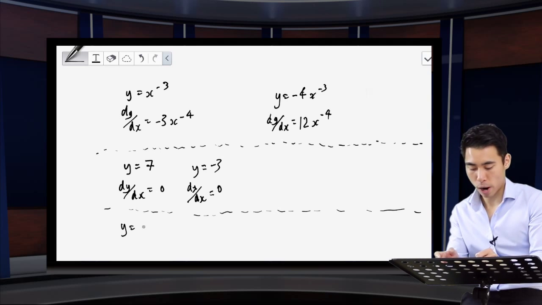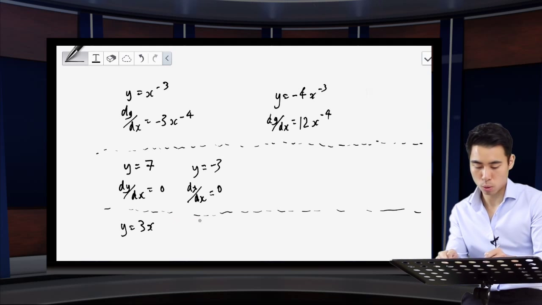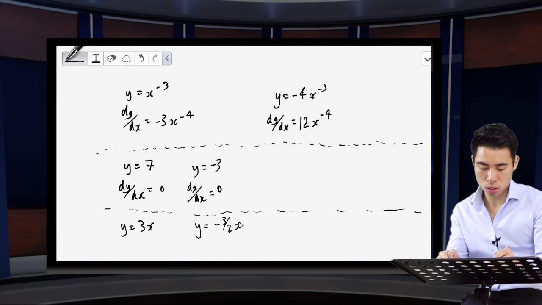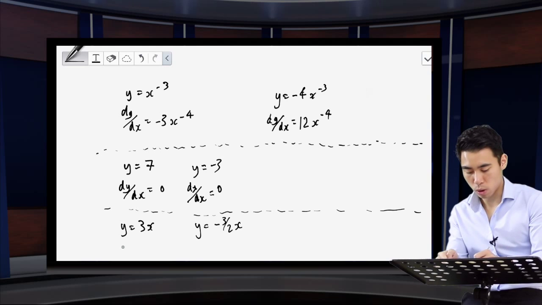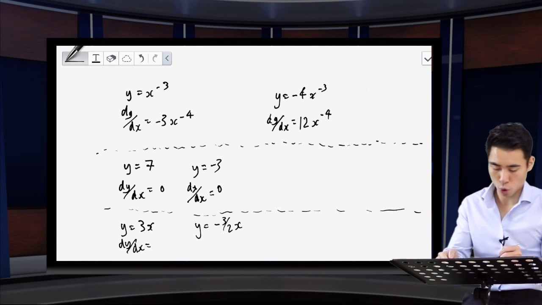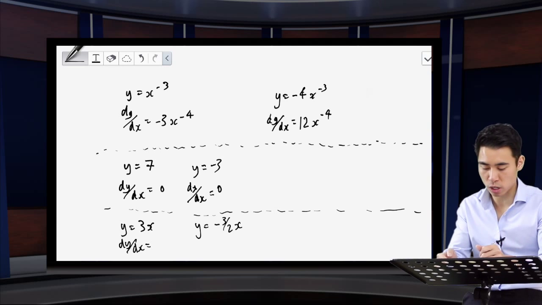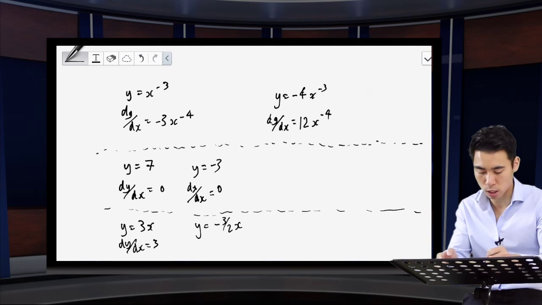Now, if I have y equal to a linear function in x, so y equals 3x, or y equals, I don't know, minus 3 over 2 x, you know from your y equals mx plus c equation that your gradient here is going to be 3, your dy by dx is going to be 3.